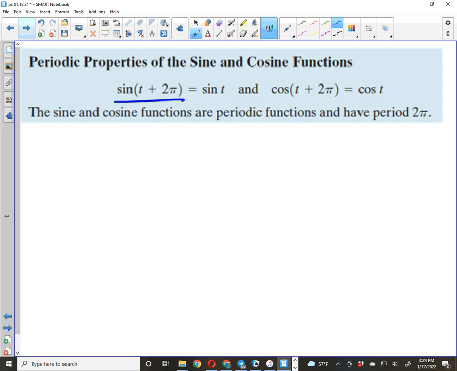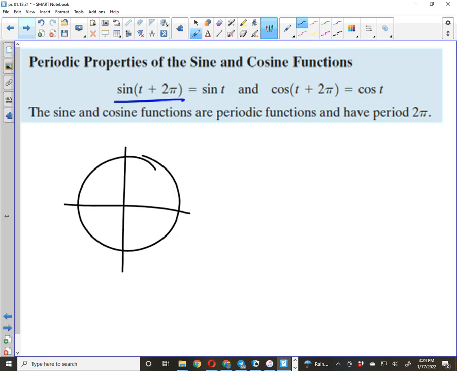Now we know that because if we look at our unit circle, and let's take pi over 3 as our example. We know that the ordered pair here at pi over 3 is 1/2 comma root 3 over 2.